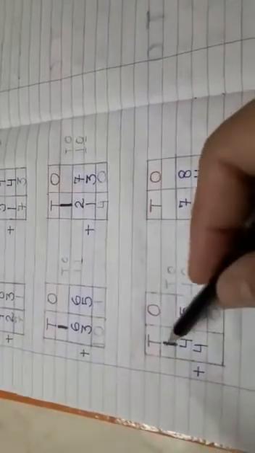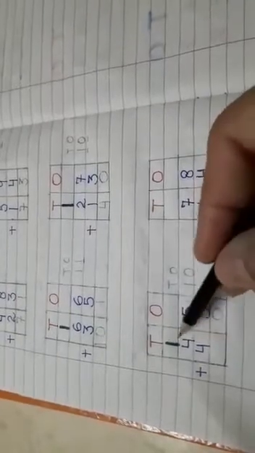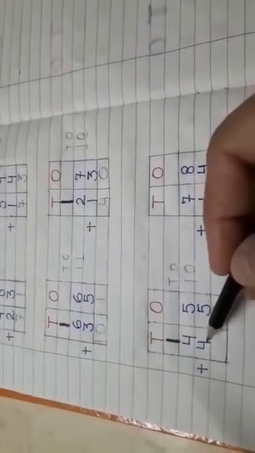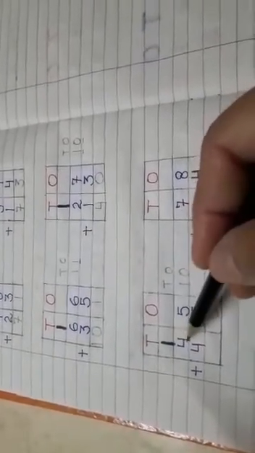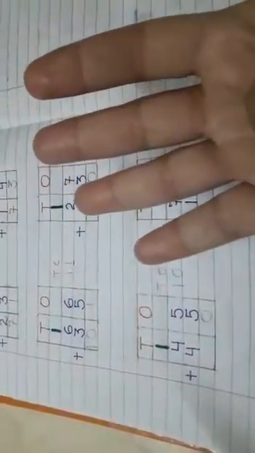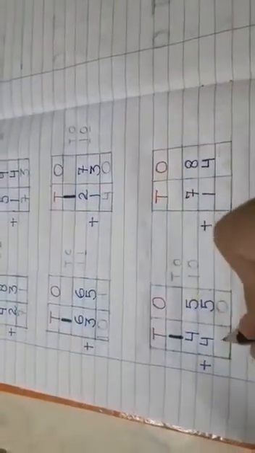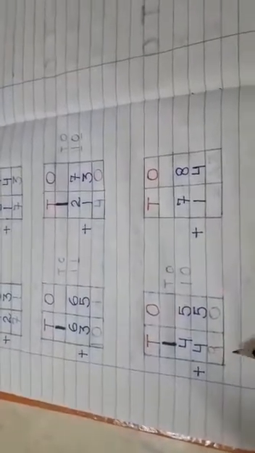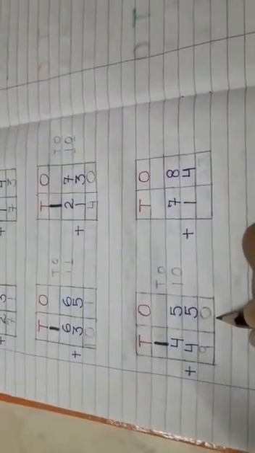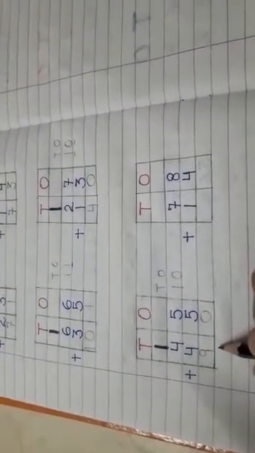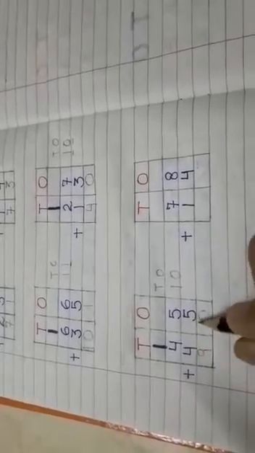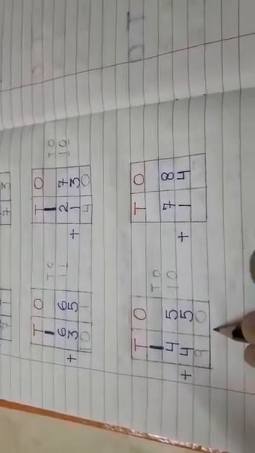Now we have to add all the numbers in the tens column: 4 plus 4 plus 1. 4 in your mind, 4 in your finger. What comes after 4? 5, 6, 7, 8. 8 plus 1 is 9. The answer is 90, or you can say the sum. 45 plus 45, the sum is 90.